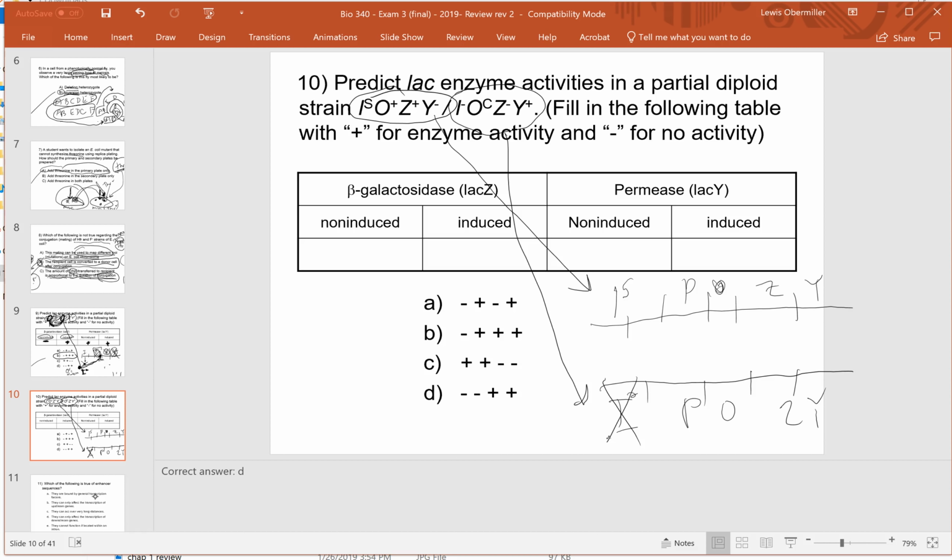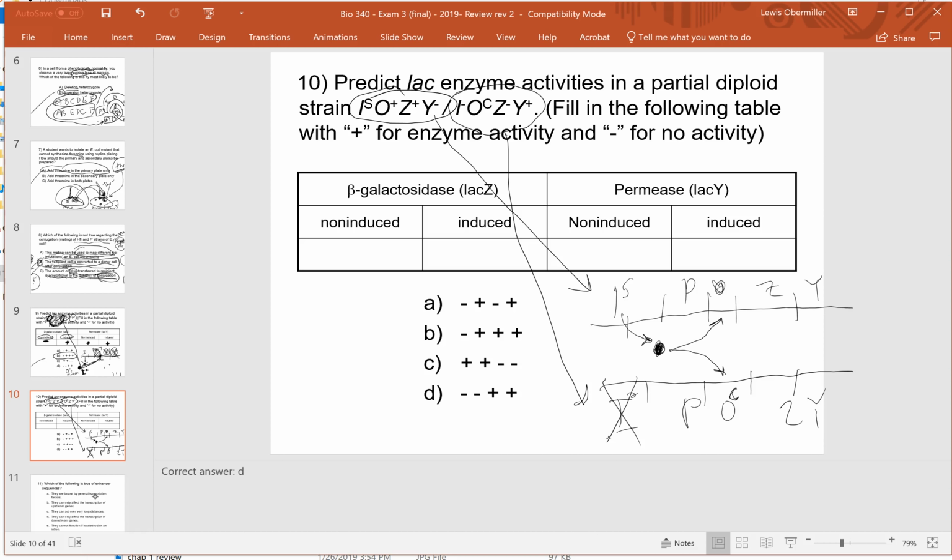This operator is constitutive, so if an I were made, it would bind to this. This super repressor would normally bind here, and it would also be able to bind here.